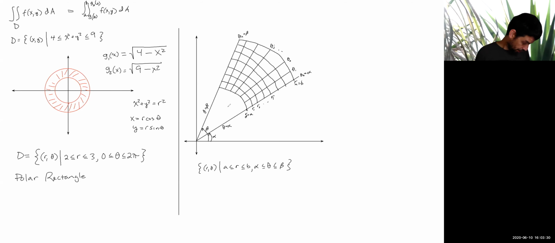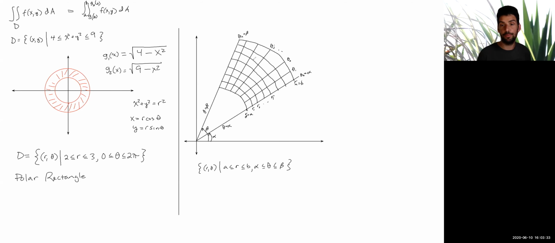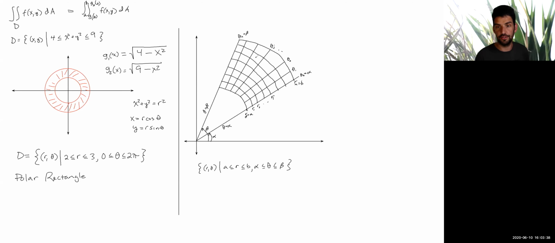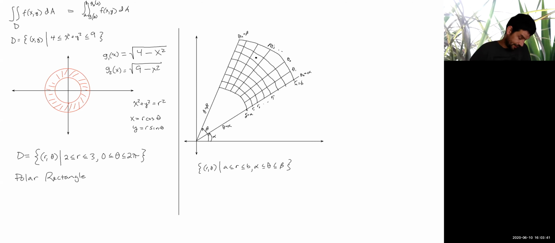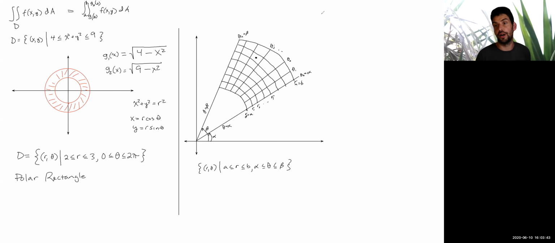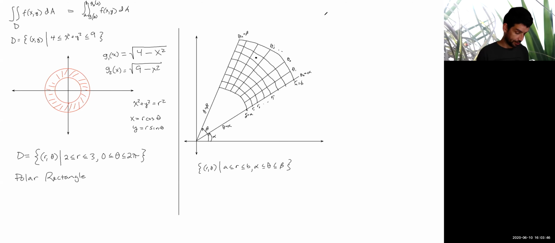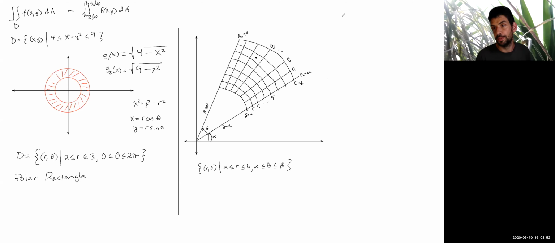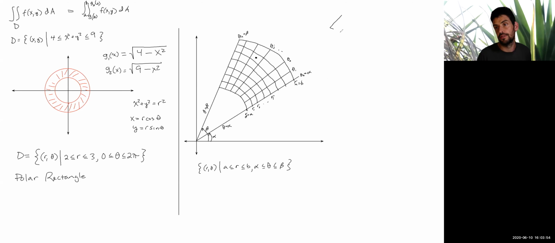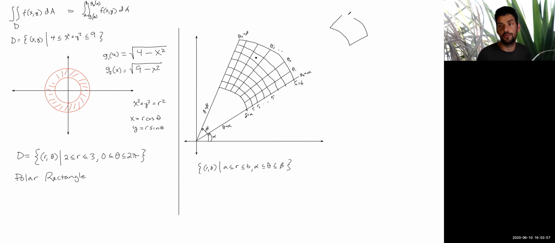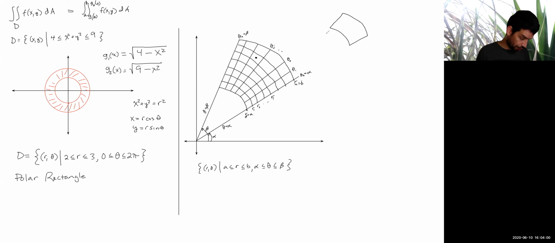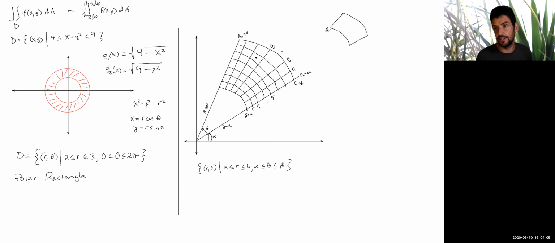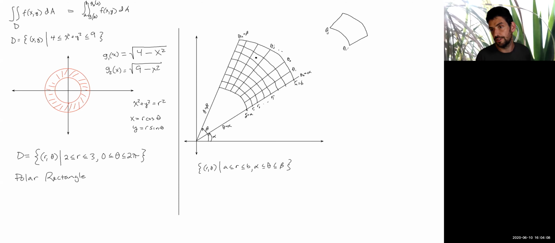All right, so let's pick one of these little squares. I'll pick this one here, and let's figure out the area of this square. Let me draw this square a little bit bigger out here. Here's my square. Let's say this line here is theta j, and this will be theta j minus 1.